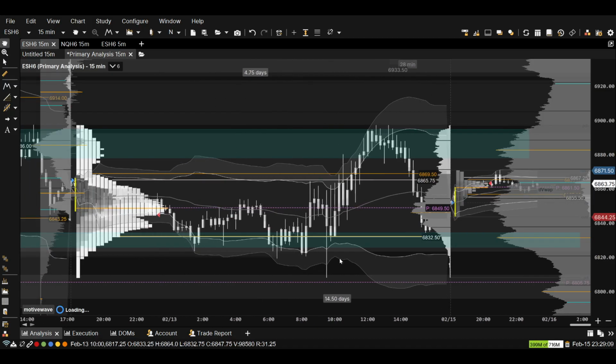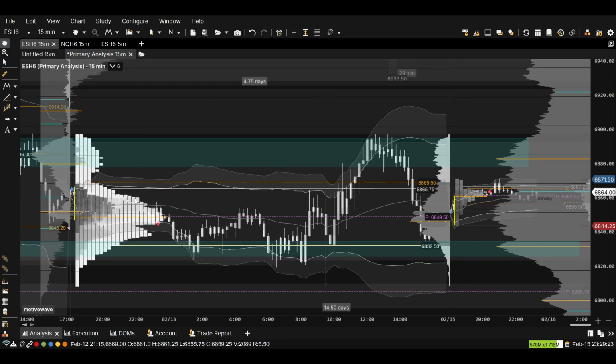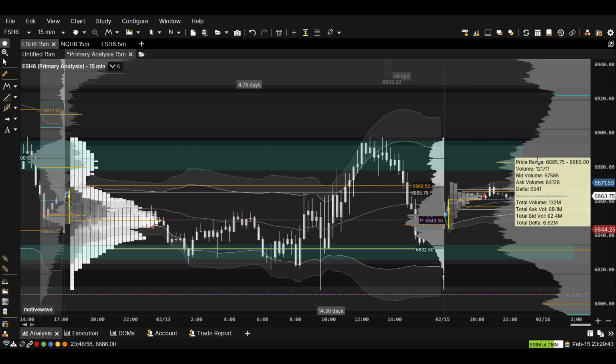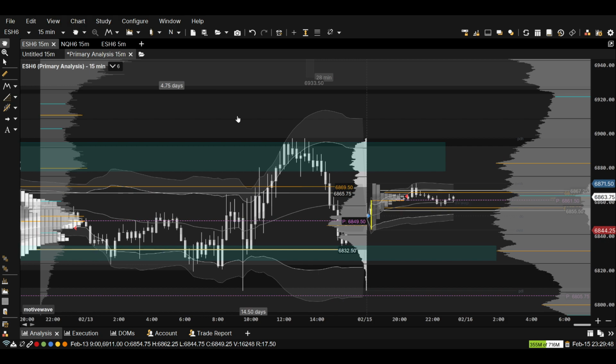So the buyers entered the market here, and then the distribution was here, distribution, mean reversion here, the mean reversion setup, and here, in the edge of the high volume node of the volume profile.